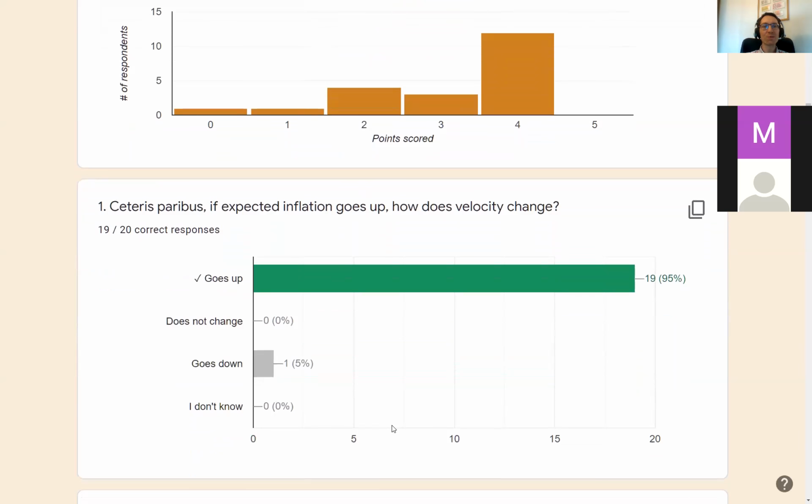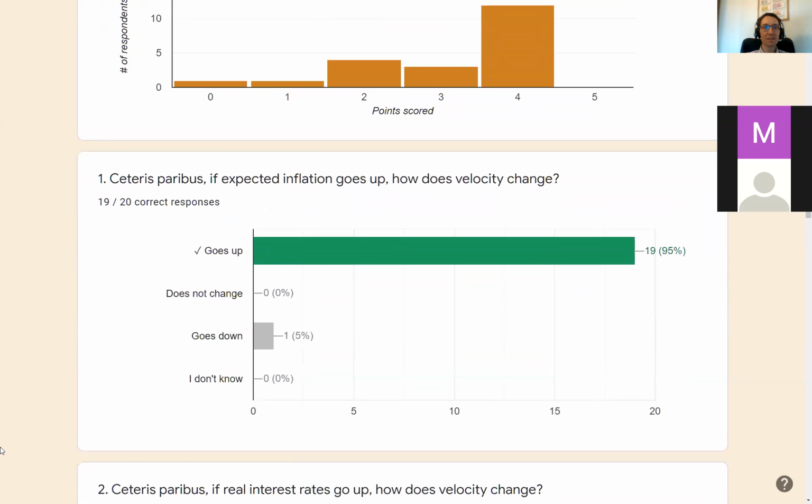Okay, number 2. Ceteris paribus, if real interest rate goes up, how does velocity change? Suggestion? With the equation? Yeah, so what do you think, using what I just said?